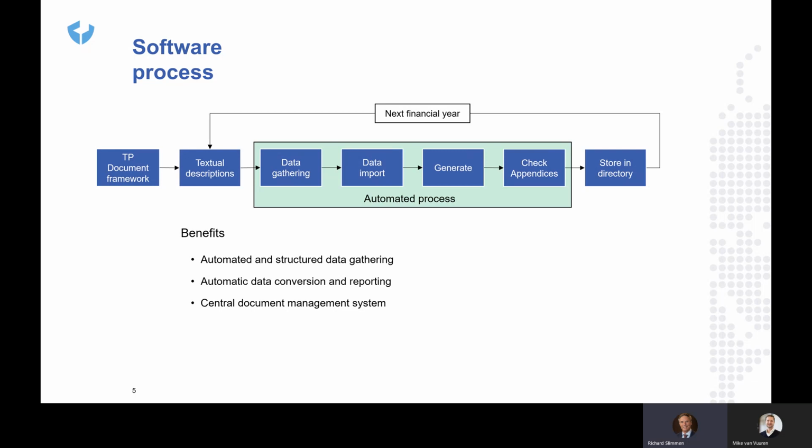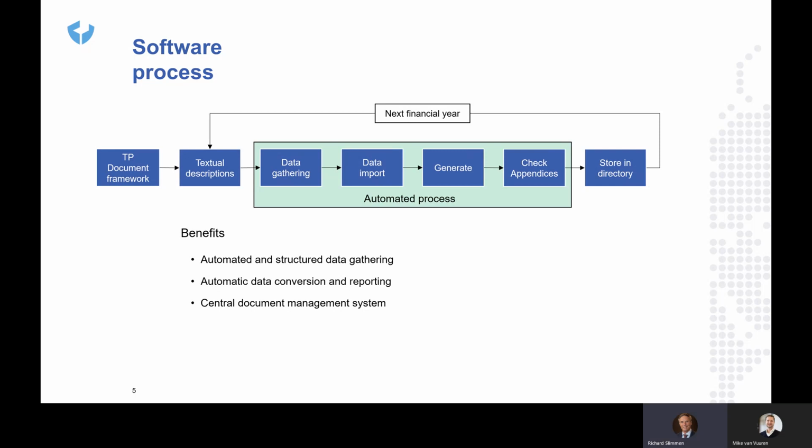Secondly, use robotics and automation to convert your data quickly and accurately to save time and avoid errors. And lastly, use the central document management system to store your documentation and appendices to save time and avoid frustration.